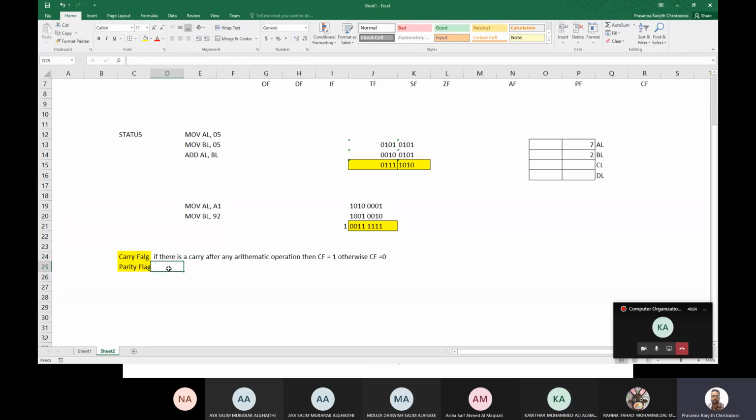Now, parity flag is after any operation, the number of ones, parity flag equal to 1.